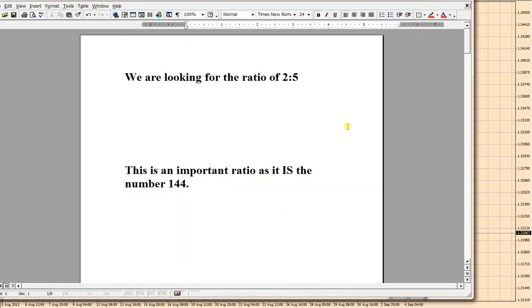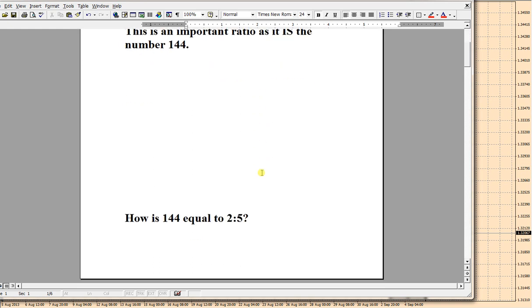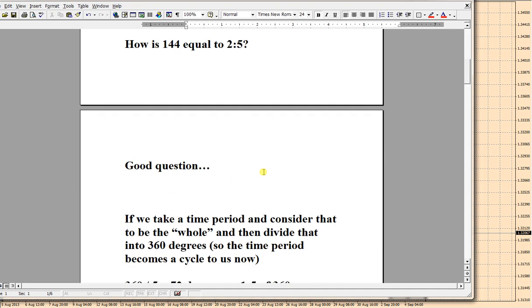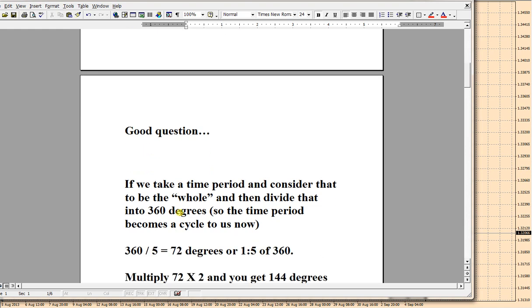The answer is basically we're looking for the ratio of 2 to 5, or 2/5 of a whole. And this is an important ratio because that ratio is the number 144. You may ask, how is 144 equal to 2/5? Well, that's a good question. If we take a time period and consider that to be the whole, and then divide that into 360 degrees, so the time period becomes a cycle to us now, you see that 360 divided by 5 equals 72 degrees, or 1/5 of 360.